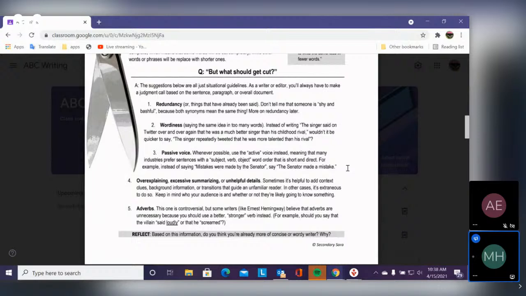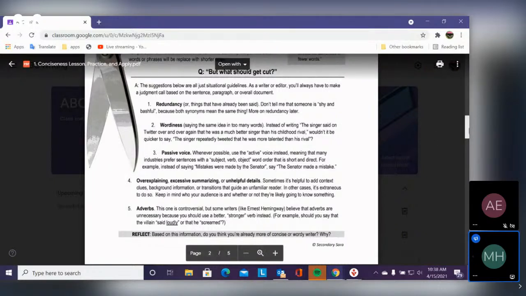And here we go to the last one, adverbs, but it's controversial. Some writers, like Ernest Hemingway, believe that adverbs are unnecessary because you could use a stronger verb instead. For example, should you say that the villain said loudly, or would you just say he screamed?